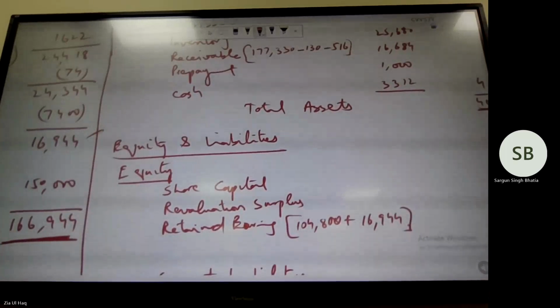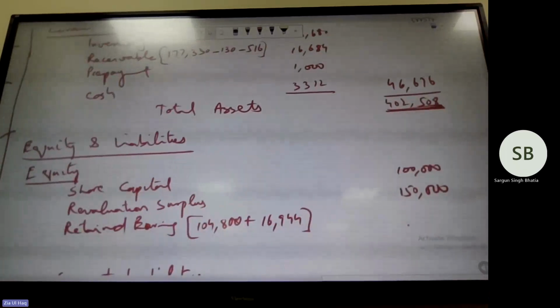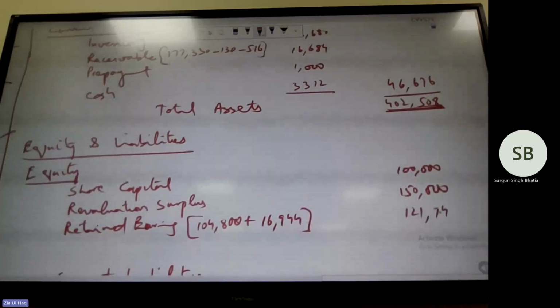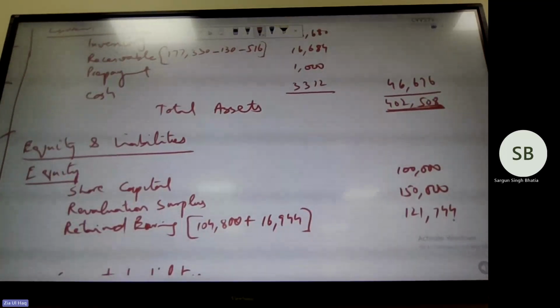The calculated amount is 121,744. From here we can calculate total equity, which will be 371,744.